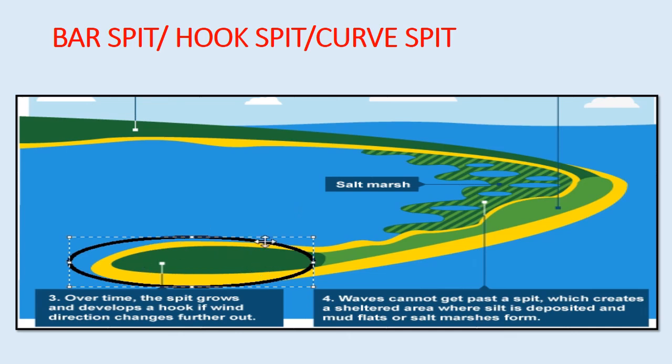Here, this part is more stabilized due to destructive and constructive waves. So the hook spit or curved spit is nothing but the evolutionary form of the spit. The end of the spit that is projected towards the ocean looks like a hook shape, and this is the result of deposition, transportation and erosion, and it is the most stabilized part. This is known as a hook.